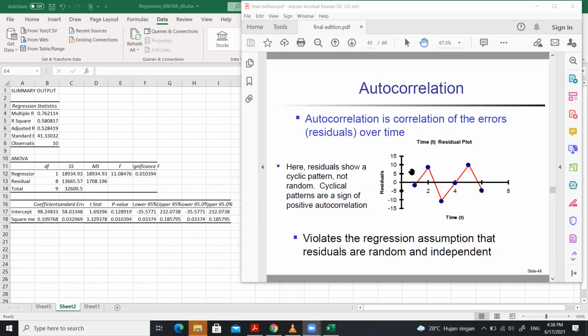Actually, in this slide, what we learn is testing the correlations, autocorrelation in the residual, but it doesn't matter so much.